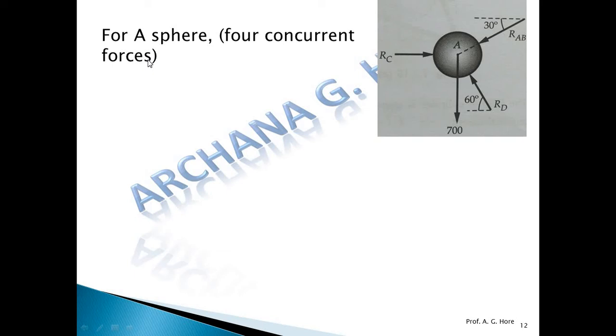Now apply these two equations one by one. First of all, summation Fy = 0. So this is minus 700, the vertical component of RD is RD sine 60, and the vertical component of RAB downward, minus RAB sine of 30 degree, like this.